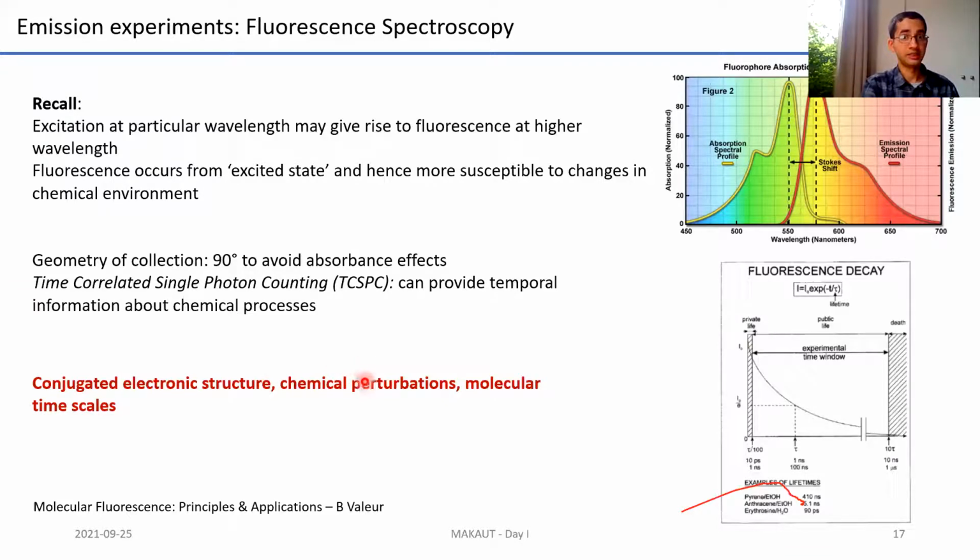This is something you must keep in mind: UV visible absorption occurs from a ground state, so it is less susceptible to changes in chemical environment. Because fluorescence appears from an excited state, it's more susceptible, because the molecules have dipoles and all this kind of weird stuff at an excited state, right? So it is more susceptible to changes in the chemical environment, and you can also find out molecular timescales from this.